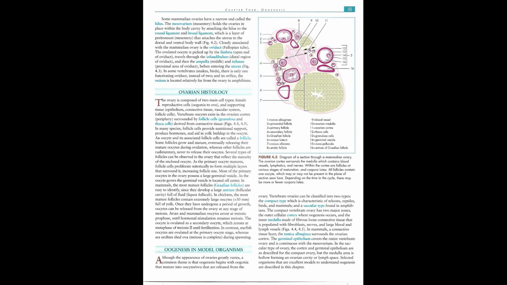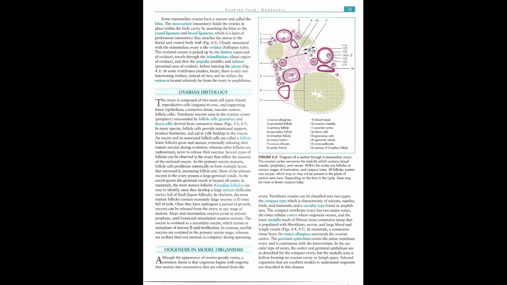The ovulated oocyte is picked up by the fimbria, open end of oviduct, travels through the infundibulum, distal region of oviduct, and then the ampulla, middle, and isthmus, proximal area of oviduct, before entering the uterus, Fig 4.3. In some vertebrates, snakes, birds, there is only one functioning oviduct, instead of two, and its orifice, the ostium, is located relatively far from the ovary in amphibians.